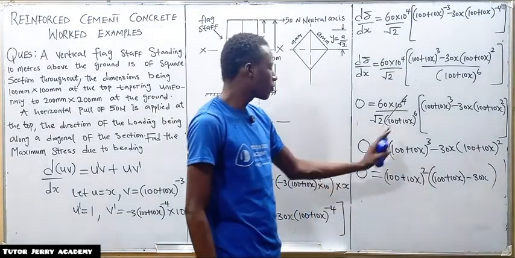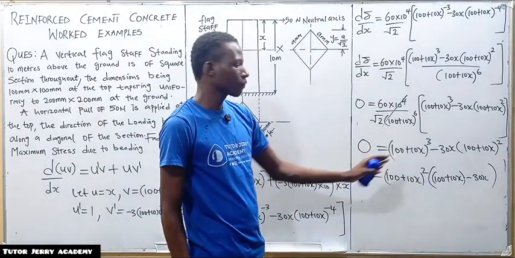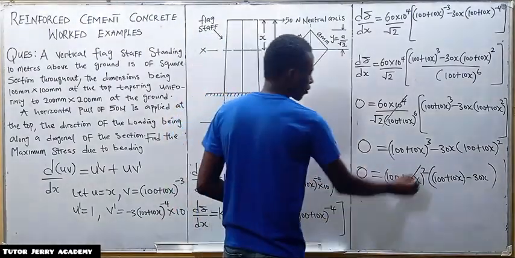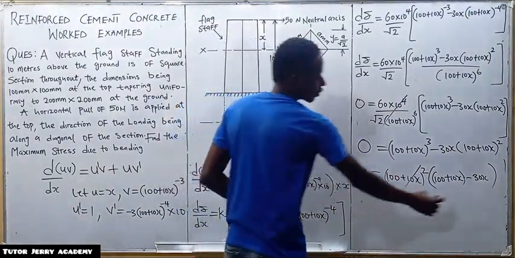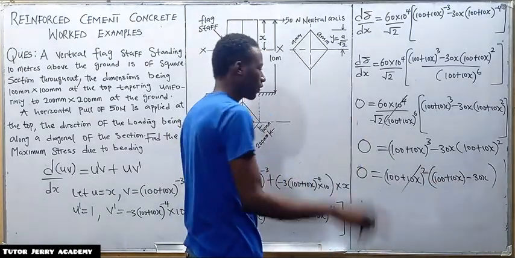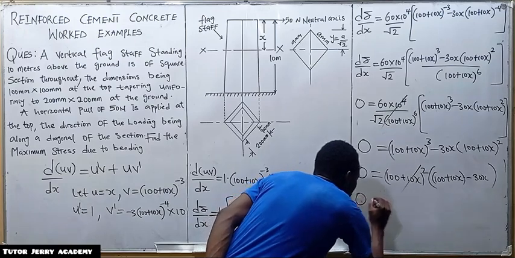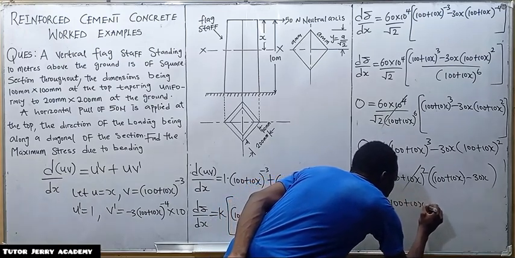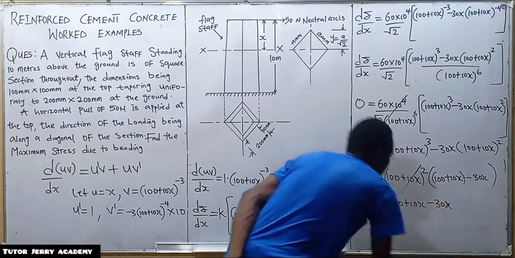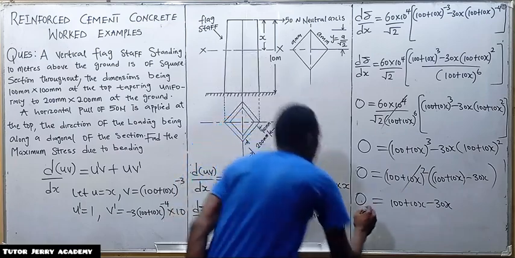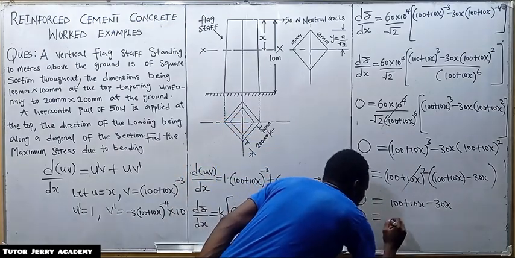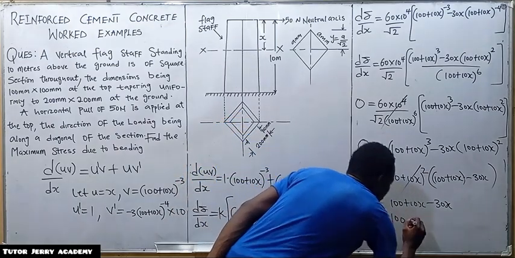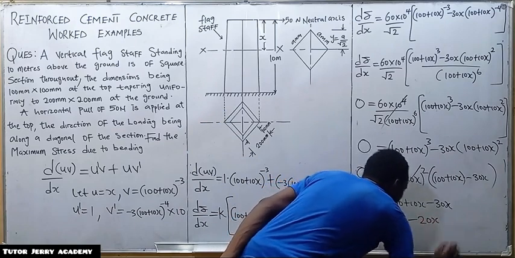If we divide both sides by (100 plus 10x) over 2, we have 0 equals to what we have here. Take note of that. So 0 will be equals to 100 plus 10x minus 30x.